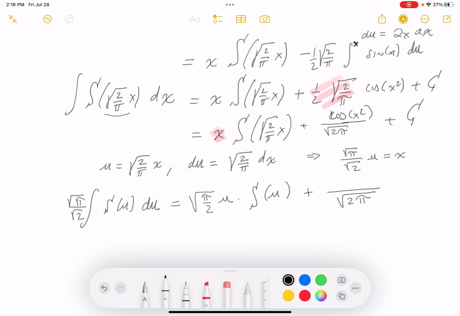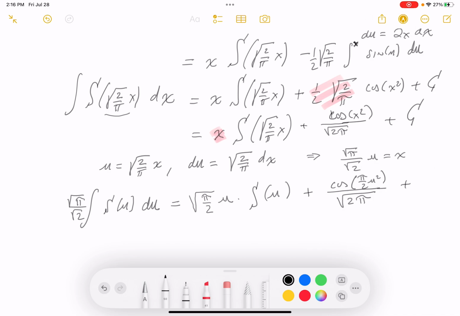And the cosine of x squared, well, let's write that down. It's going to be cosine, if I were to square the x, I'd get pi over 2x. I'm sorry, I made a mistake there. I'm squaring the x, so it would be pi over 2 u squared.